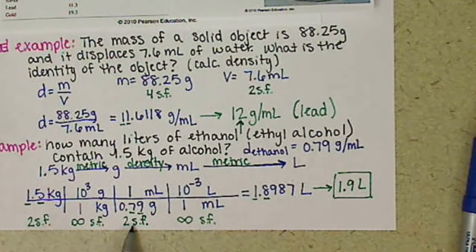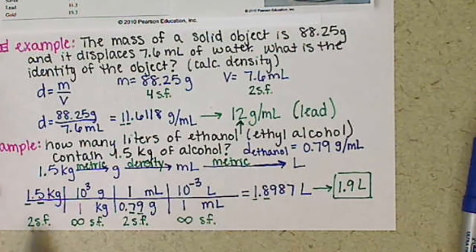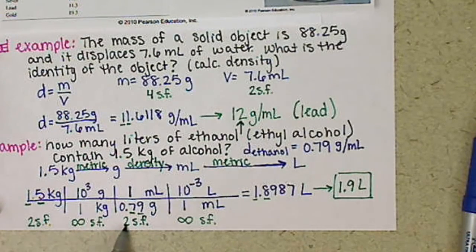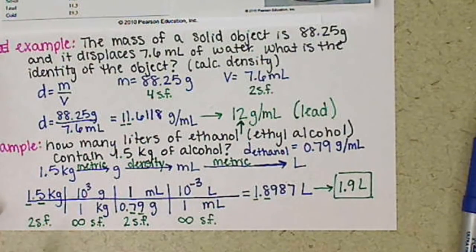But as usual, even if you have significant figures in a conversion factor, it doesn't affect your answer, because the value that you started with is usually what you're going to go with anyways. So in this case, we did it correctly, 2 sig figs, 2 sig figs. We needed 2 sig figs in the end.